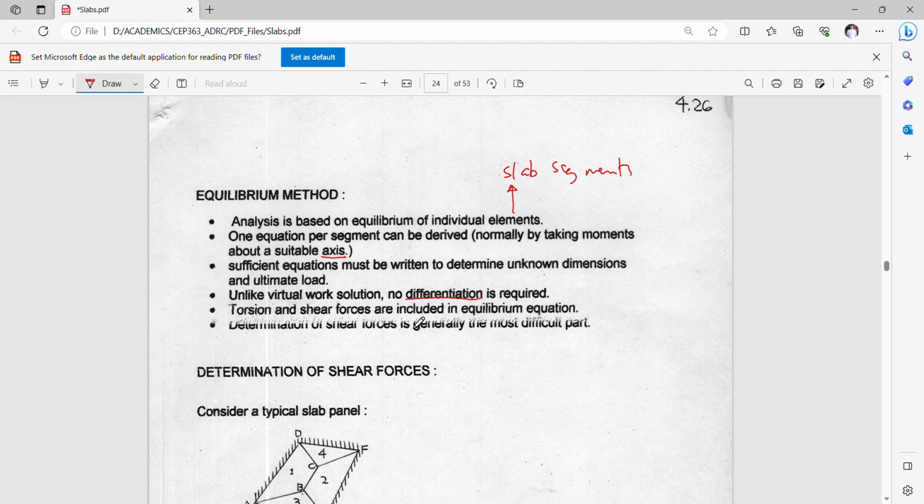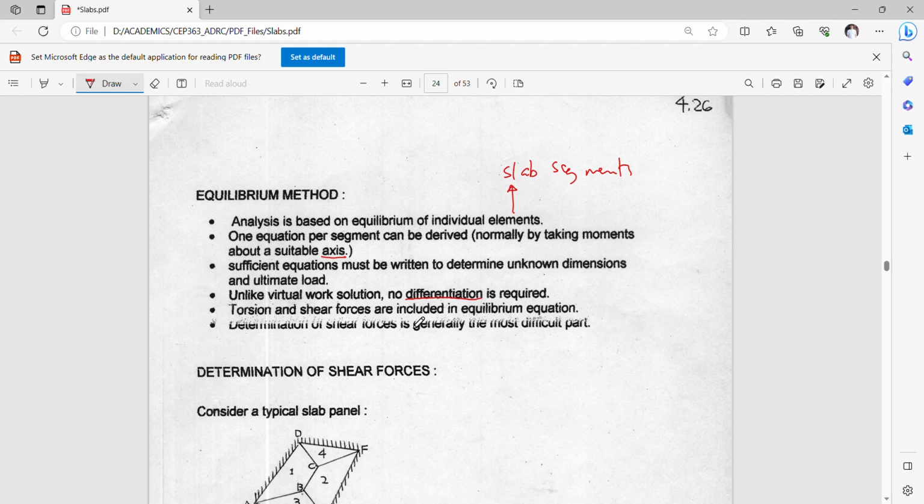optimization and differentiation. So torsion and shear forces are included in the equilibrium equation, although we know for a fact that this torsion and shear will actually counteract one another when we are using the equilibrium solution.